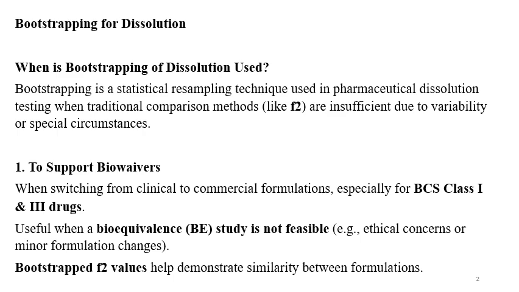But if the dissolution profile shows the variation, then F2 method cannot be used, and that time you can use the bootstrapping dissolution method for showing or demonstrating the dissolution profile similarity.